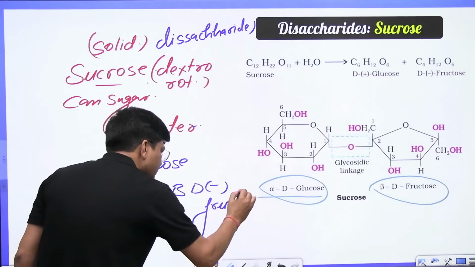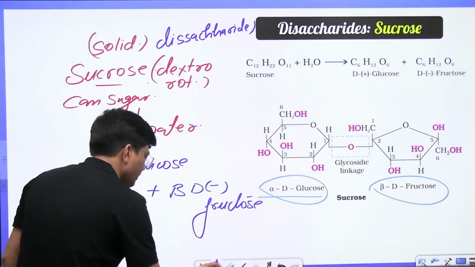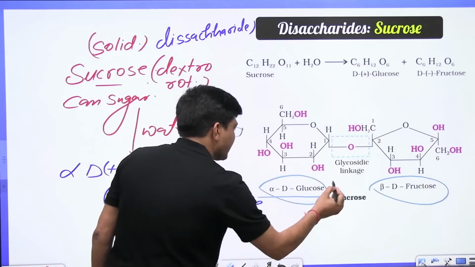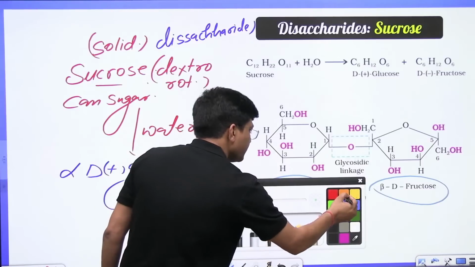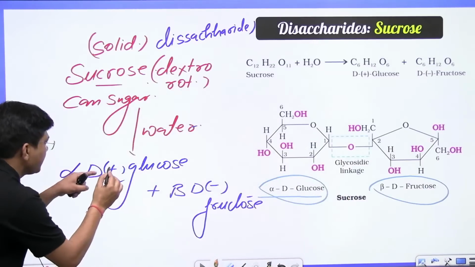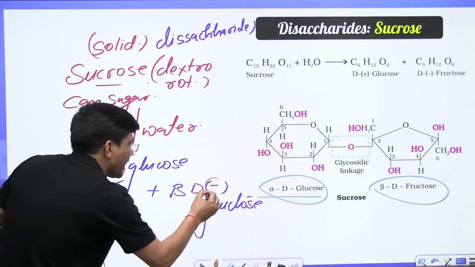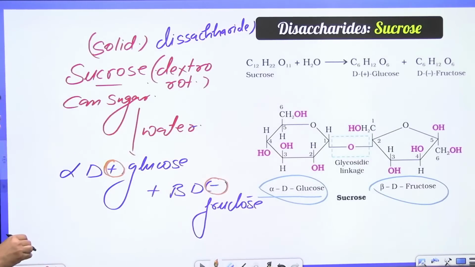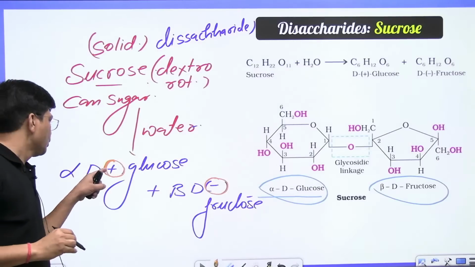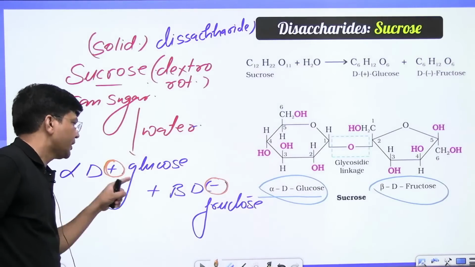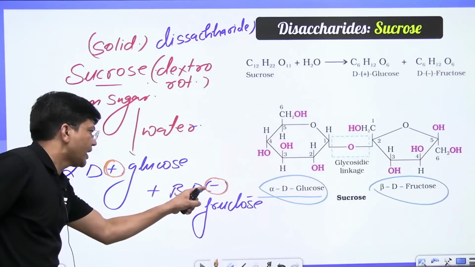So could you please help me understand where I have added a positive sign and where I have added a negative sign? In case of glucose, I have added a positive sign. In case of fructose, I am adding a negative sign.